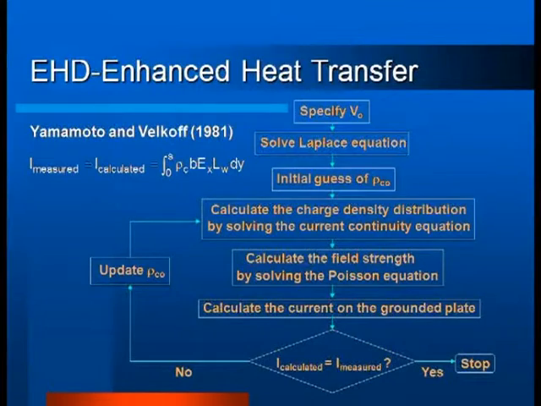I'll explain to you. That slide showed the things in the electrical field. In the electrical field, if there's no ion, then the electrical field will be controlled just by the Laplace equation. But because we generate this corona, we have this charge.